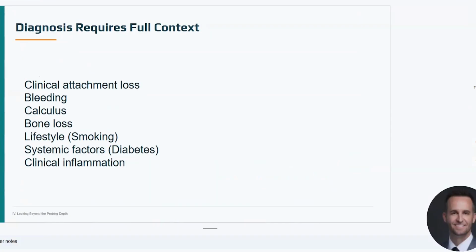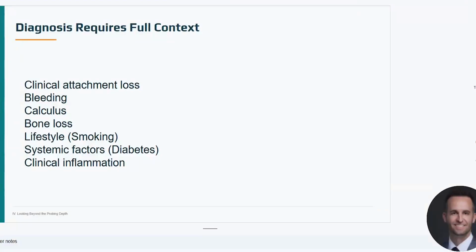So an accurate diagnosis requires all of these things: the clinical attachment loss, the bleeding, calculus, bone loss, lifestyle factors such as smoking. Smoking increases people's periodontal disease chances immensely.